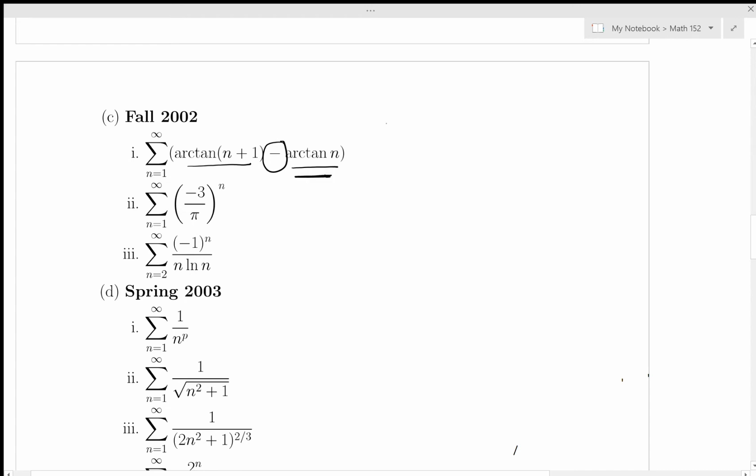So that caused me to think maybe I should use the telescoping series. Possibly I could use the integral test. Try either one of those, and you will find out that this thing here converges.